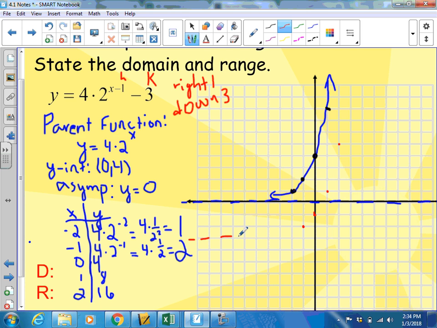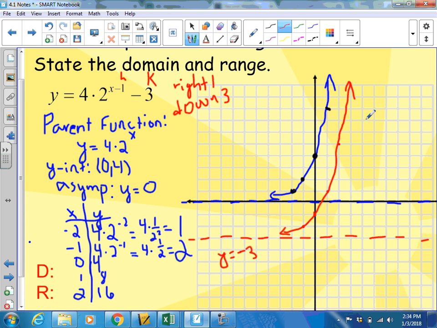So now our new asymptote is at y equals -3. So now this allows our graph to not have to cross our asymptote or even touch it. So the red function that I have here is actually the graph that we have for the 4 times 2 to the x minus 1 power minus 3.